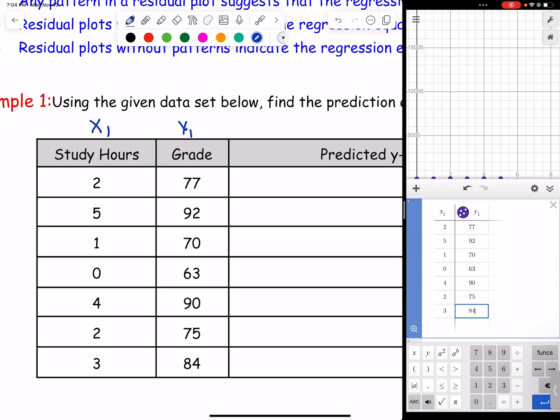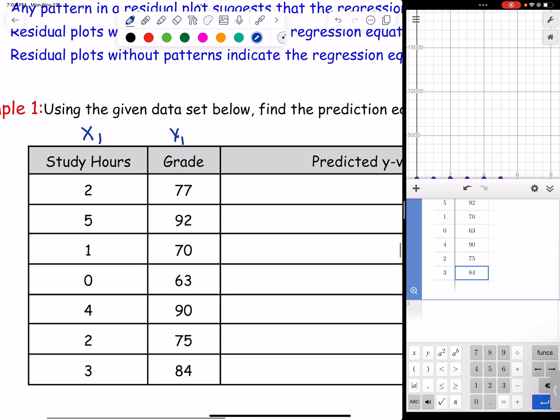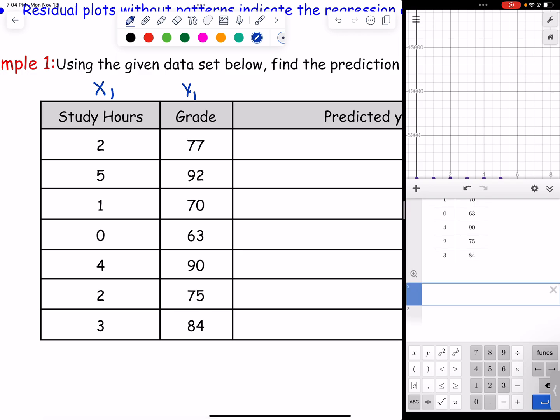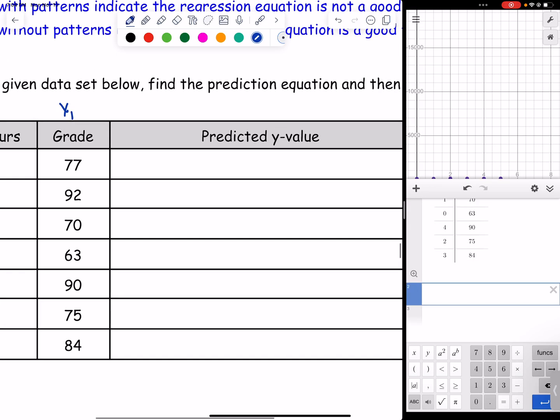So you get all your data typed in, and we want the predicted y value. So we first need to find our regression equation, linear regression equation. So y sub 1 equals m x sub 1 plus b would be our next step.